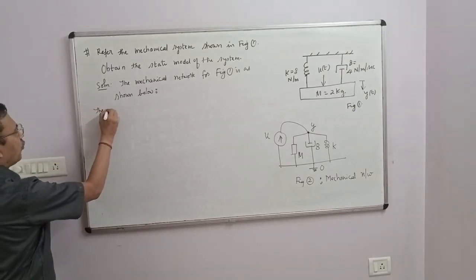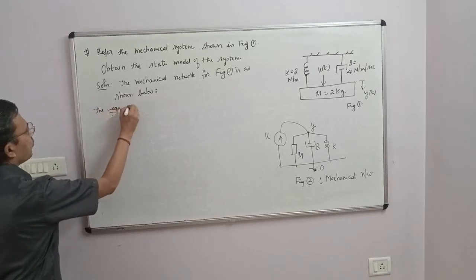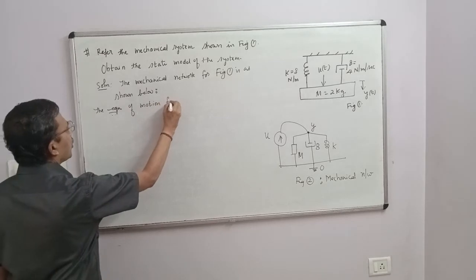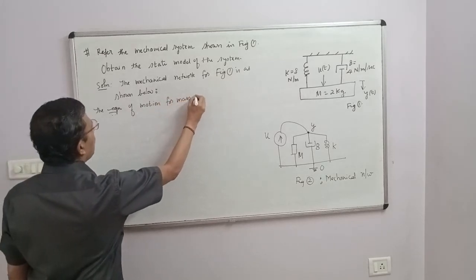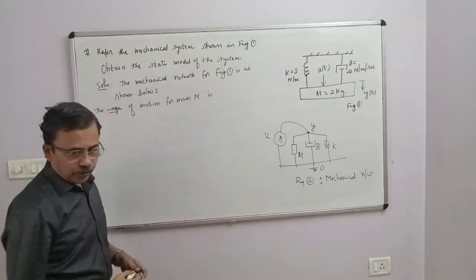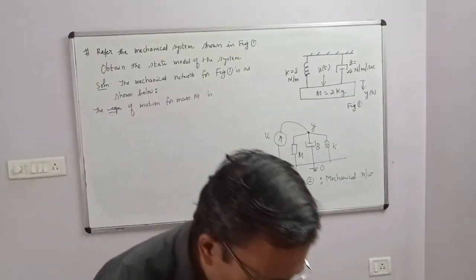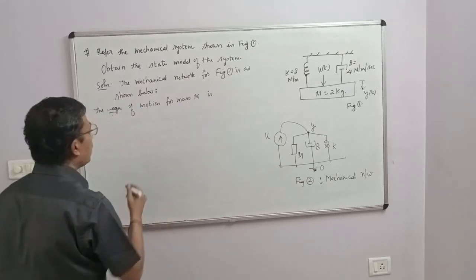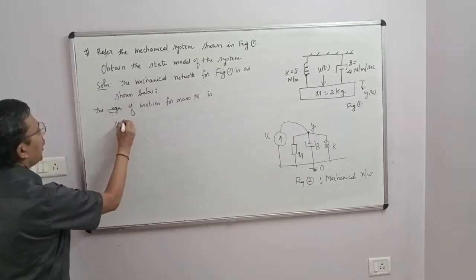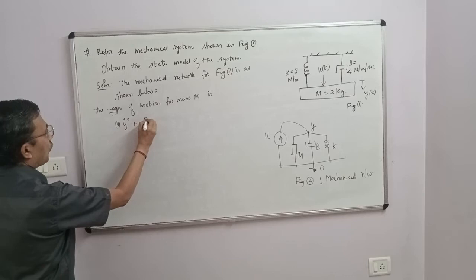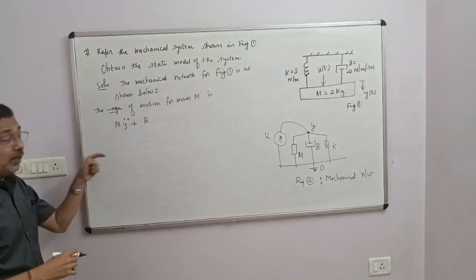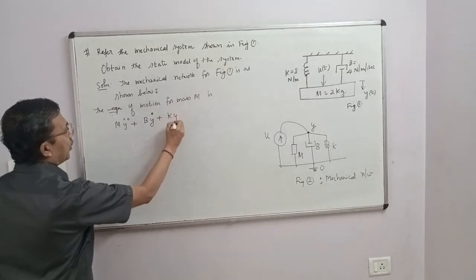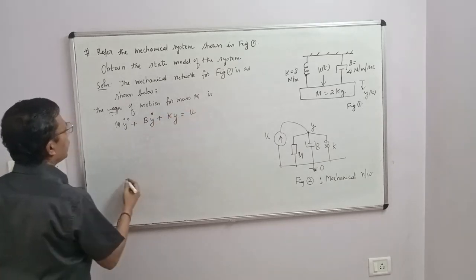The equation of motion for mass m is m into y double dot, where y double dot means d square y by dt square, plus b into y dot plus k into y is equal to u.